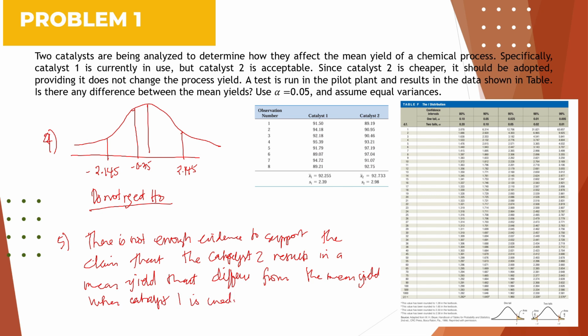Therefore, if we do not reject the null hypothesis, there's no difference between catalyst 2 and catalyst 1. Our claim here is that catalyst 2 differs from catalyst 1. Therefore, there's not enough evidence to support this claim, so we did not reject H0. So that's all about this one.